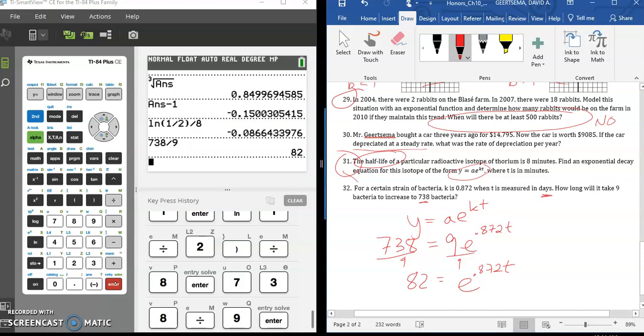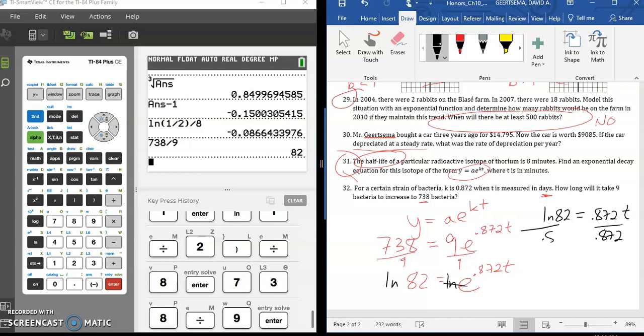You ln both sides. I'm actually going to switch a color here. So I'm going to go ln and ln. So I would get the ln of 82 equals, and remember these cancel each other out, so you just get 0.872 times t. And then I'm going to divide both sides by 0.872.